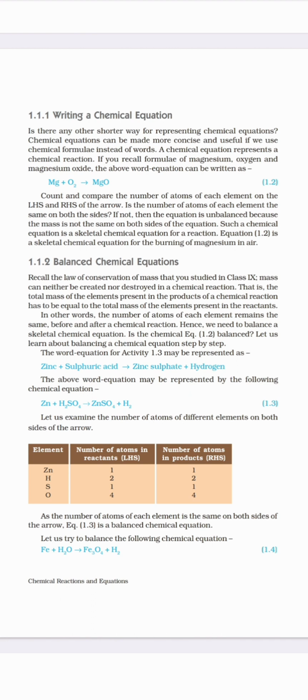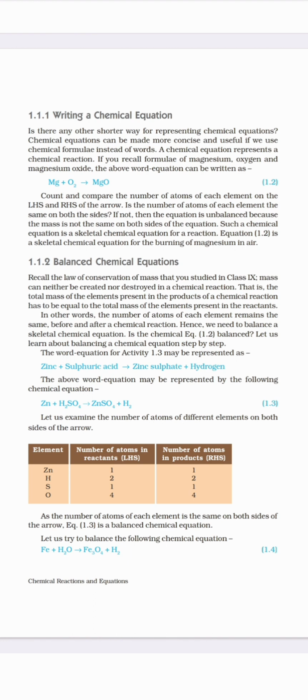Since mass is neither created nor destroyed, the total mass present on the left-hand side must be equal to that on the right-hand side. So if, while writing a chemical formula, the total atomic mass is not the same on both sides, it does not follow this law, and this law has to be followed. Hence we have to balance the chemical equation.